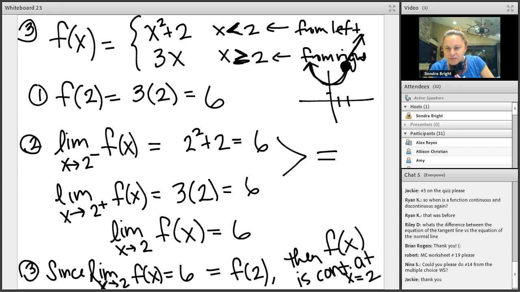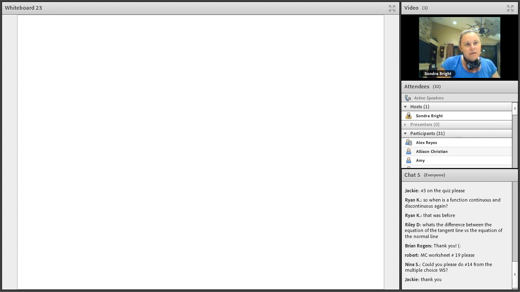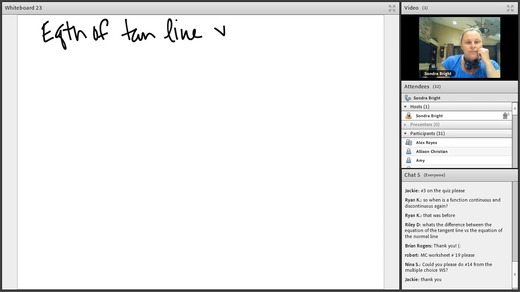What's the difference between the equation of the tangent line and the equation of the normal line? That's a good question. The only difference is the slope.